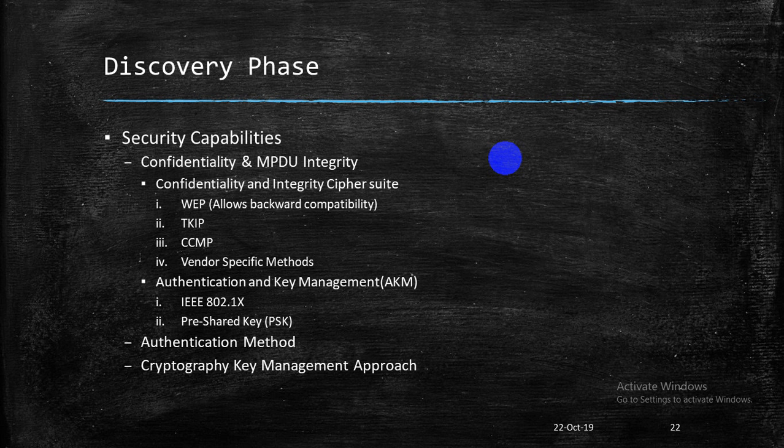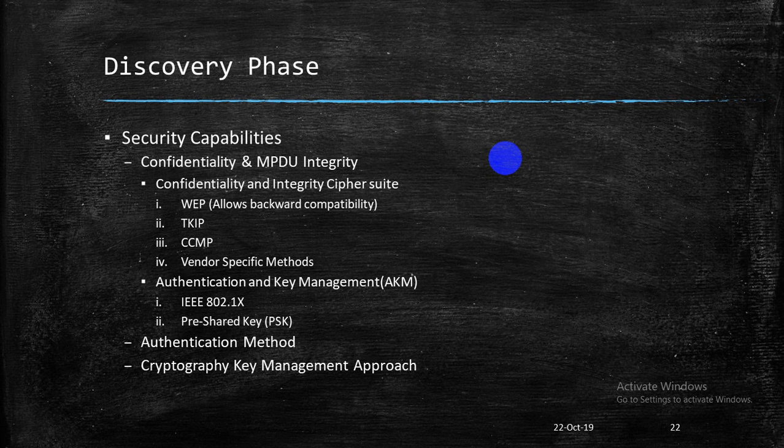Here cipher suite basically means a set of algorithms and a defined key. Now comes authentication and key management. It uses IEEE 802.1X and a pre-shared key. Both are different though.